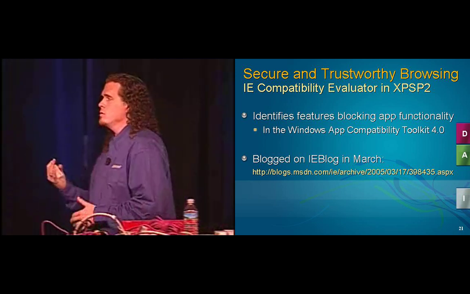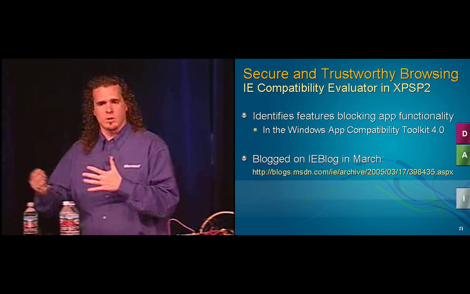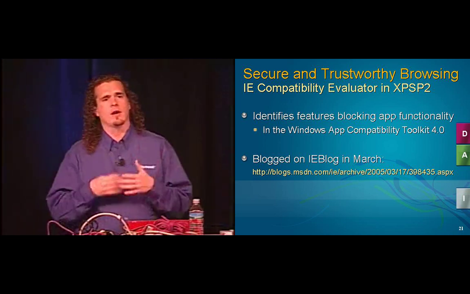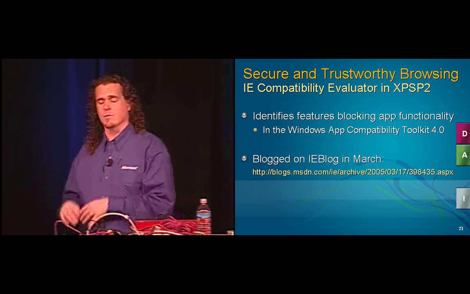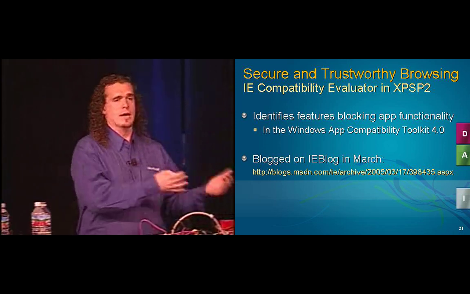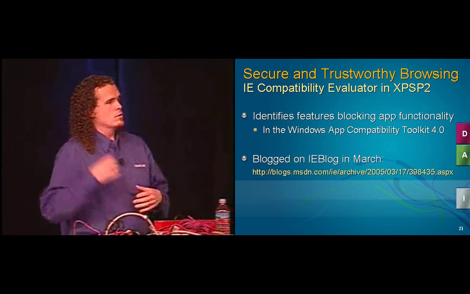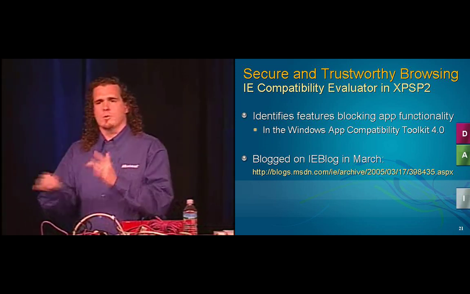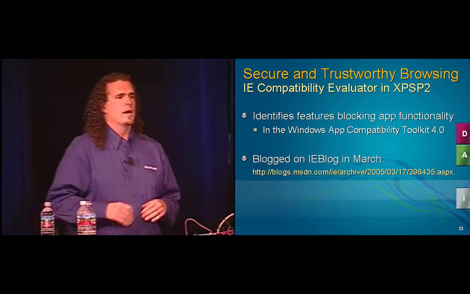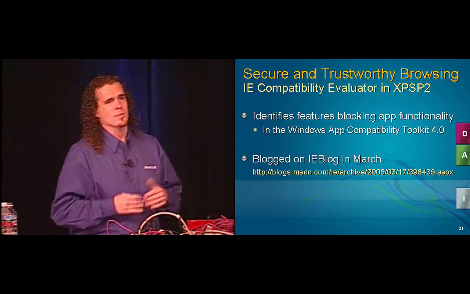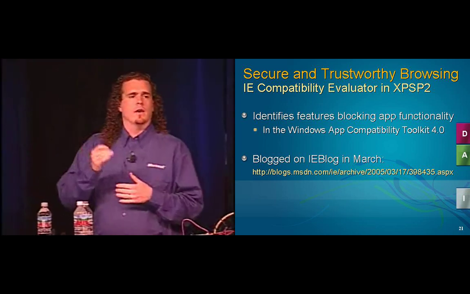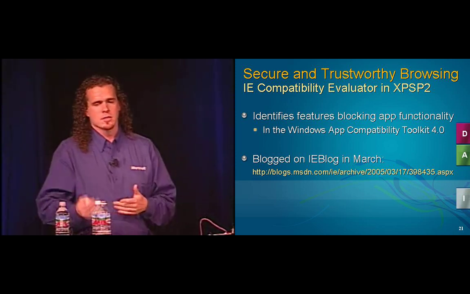This is a really useful tool for when we do security changes, because it logs and identifies the features that are blocking your web application from running. So if, for example, you upgrade to this new version of IE, the IE XP SP2 version, or IE7, and suddenly your web application stops working, if you run this compatibility evaluator, it will log what's happening in the system. When we deny some call somewhere, this will log that, and you'll be able to tell why your application stopped working.